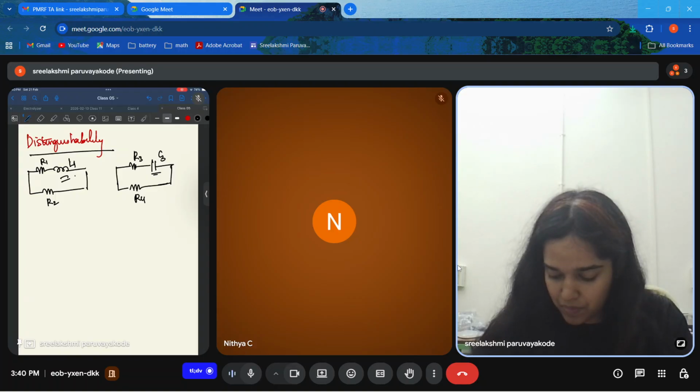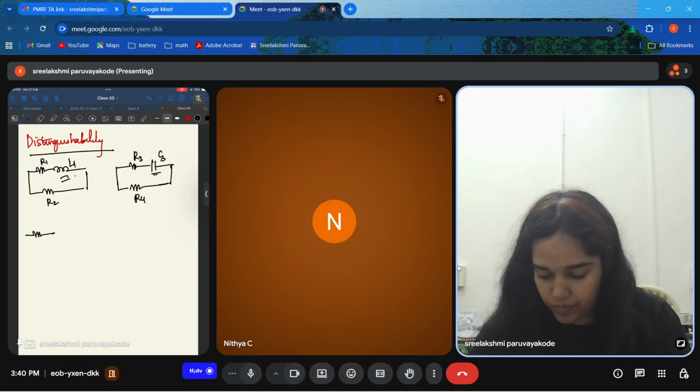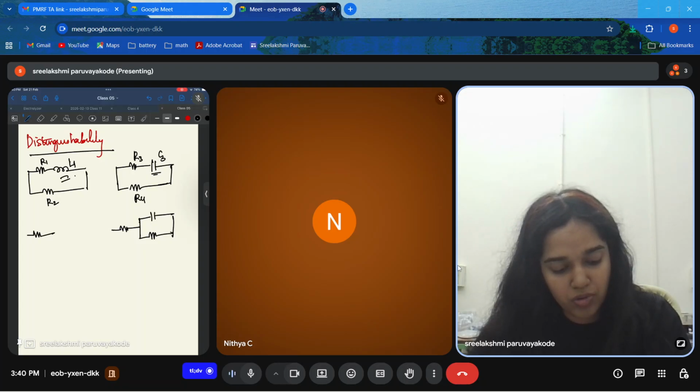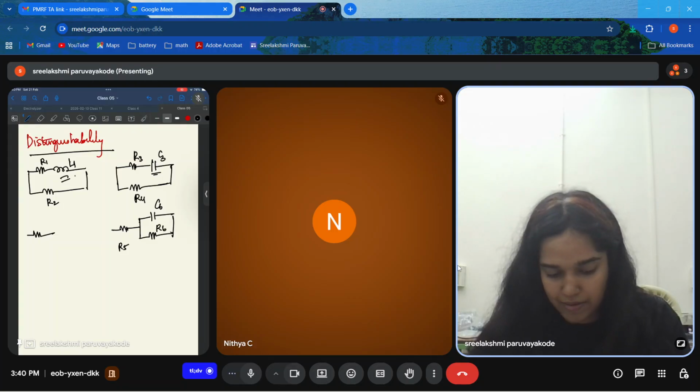Now this same thing can be fitted again using another one. What I've done is I've taken one resistor outside and placed it, let's say R5, C6, R6. And again, this can be fitted using something like this.